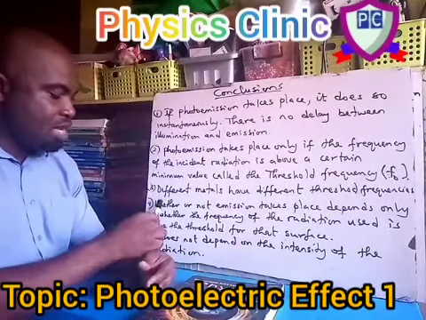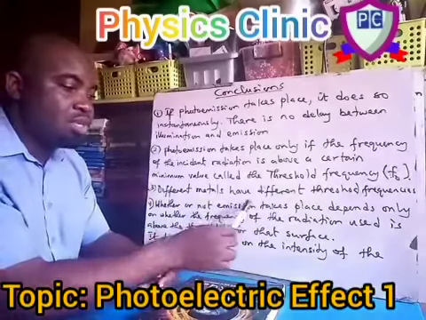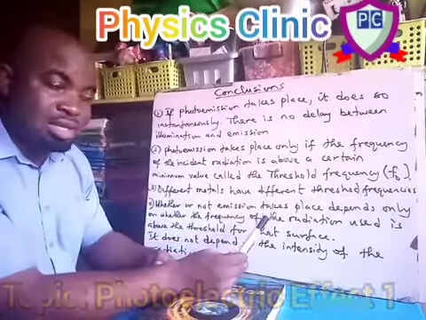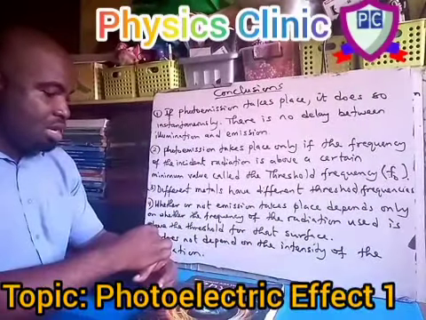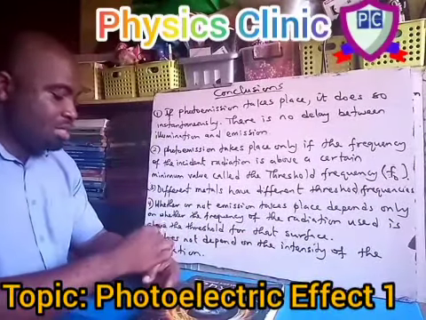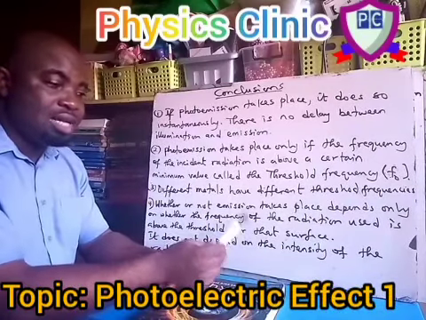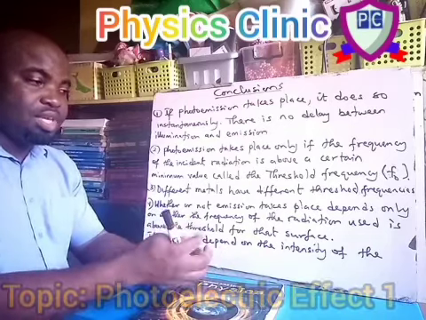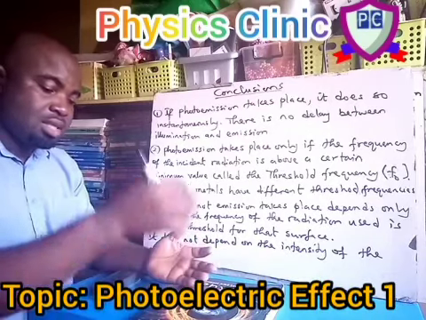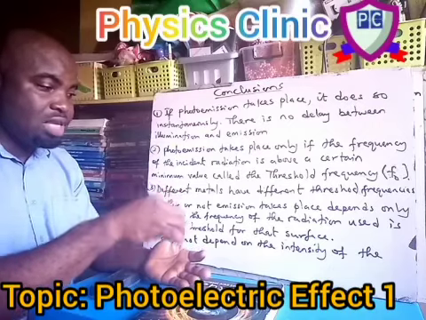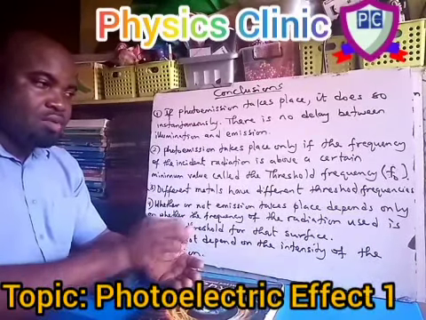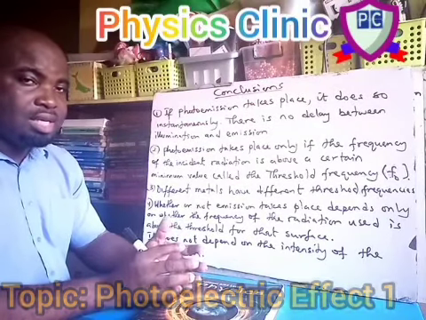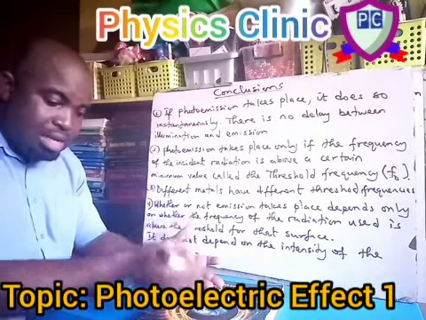The fourth conclusion is that whether or not emission takes place depends only on whether the frequency of the incident radiation is above the threshold for that particular surface. So what determines if electrons will be ejected from the metal surface is the frequency of the incident radiation. Once the frequency is equal to or above the threshold frequency of that metal, electrons will be ejected.